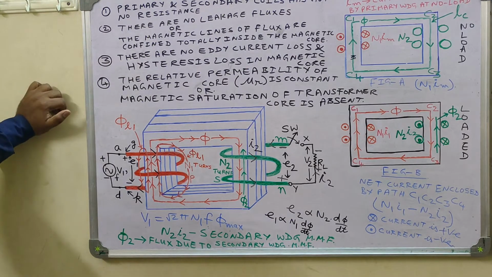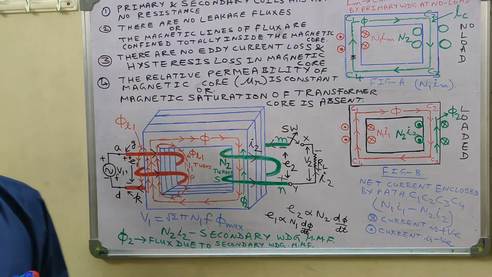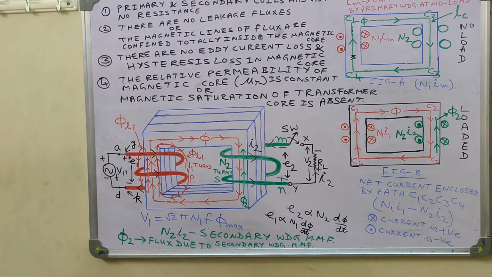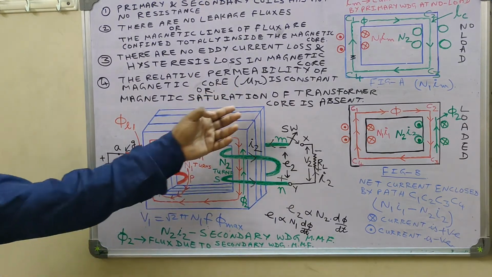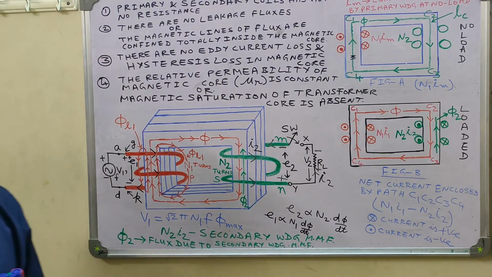I would like to add one point: in some textbooks, besides these, they also use the assumption that the value of the relative permeability of the magnetic core, mu r, tends to infinity.